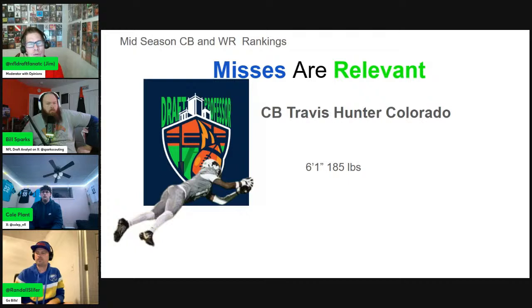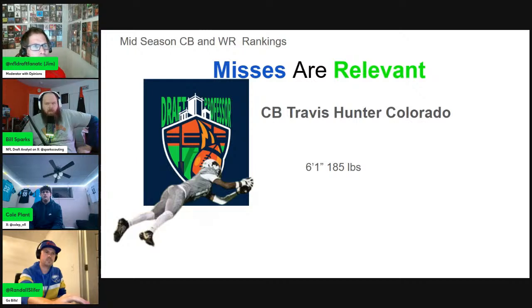Okay, so Bill. How many corners, let's say, I'm going to call Travis Hunter a small corner. He is not the smallest corner, but his size is under some of the thresholds. So how many smaller corners have gone really high in round 1, and what's your comp for them still?